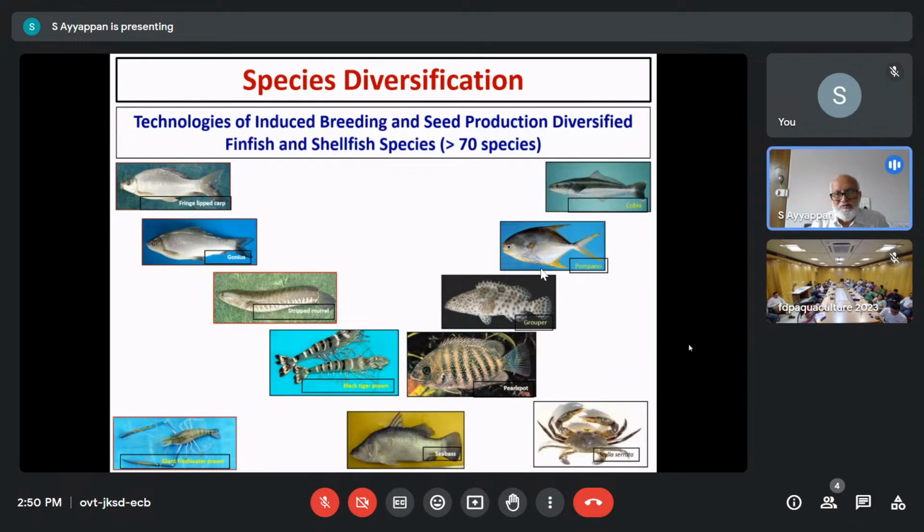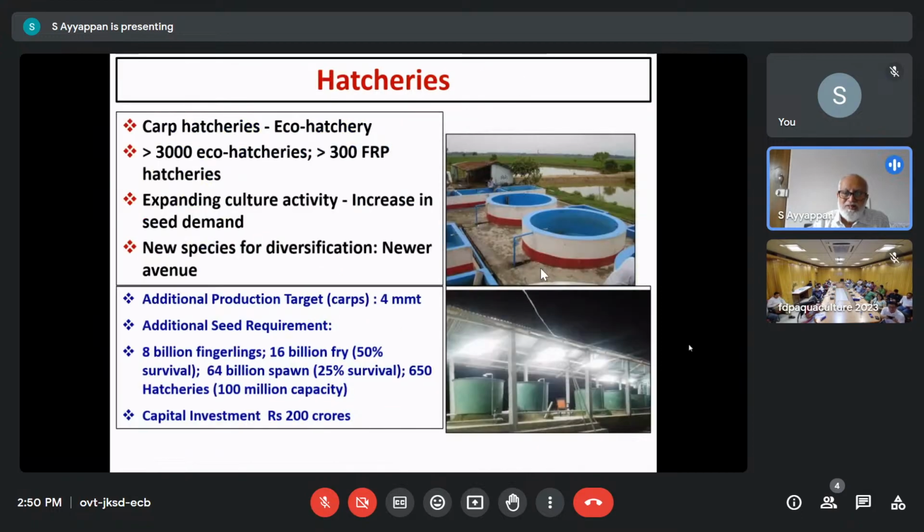Now, a lot of diversification has happened, more than 70 species, bred and seed availability possible, and that's where is also the possibility for establishing hatcheries and startups and private entrepreneurship and business. So more than 3,000 hatcheries, the fiberglass reinforced plastic hatcheries, portable hatcheries, so all kinds of things. So now it's 8 billion fingerlings, 16 billion fry.